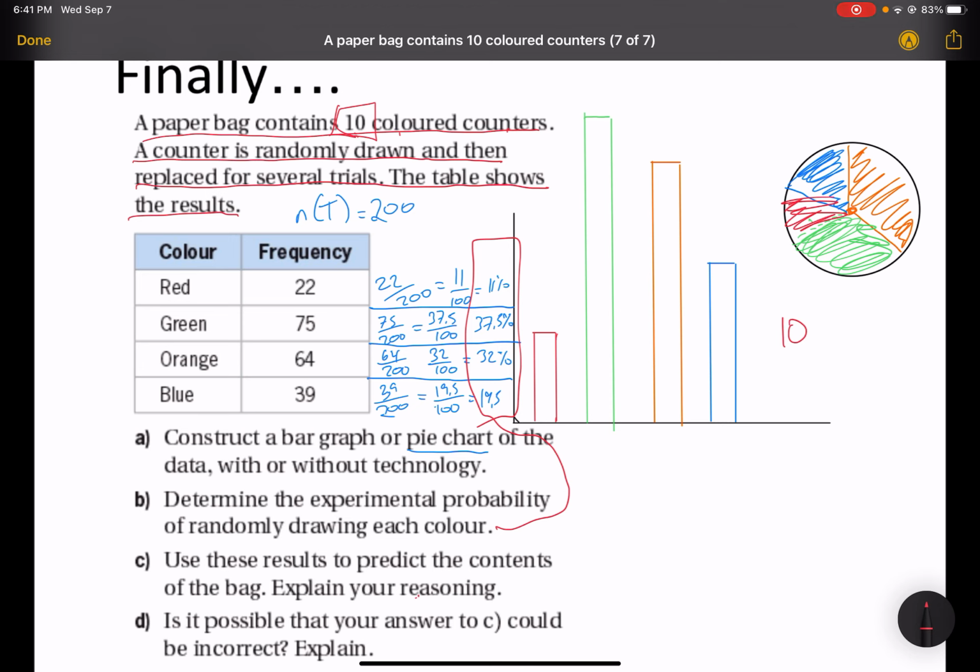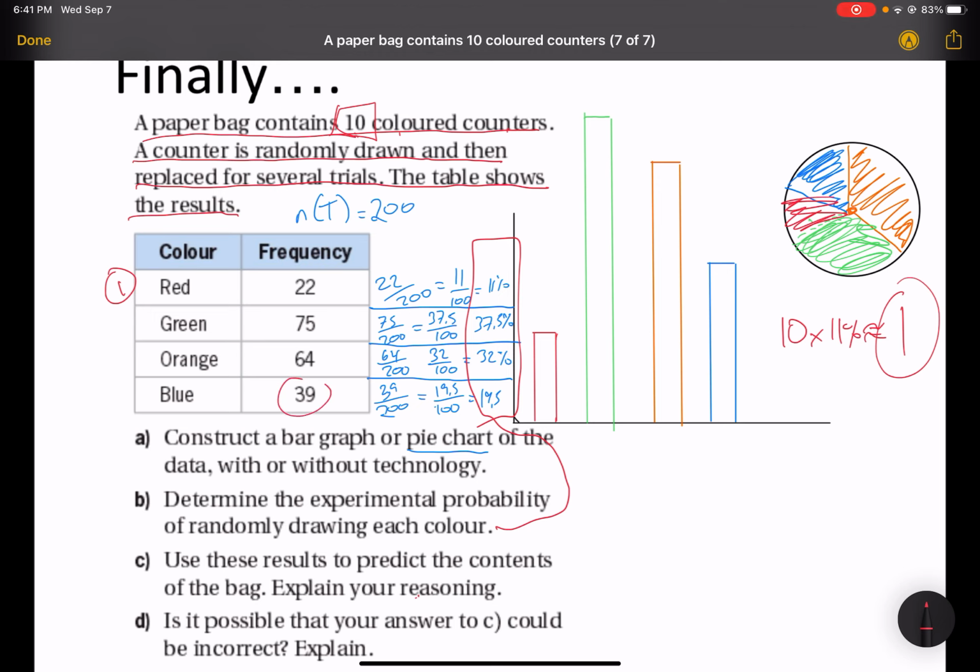But we can't have 1.1 counter, so I would say that we have 1 red counter, right? And then green is about 7.5. We don't know. And this blue is about 19.5, which is approximately 20%, which means if there's 20% of 10, we have approximately 2 blues.